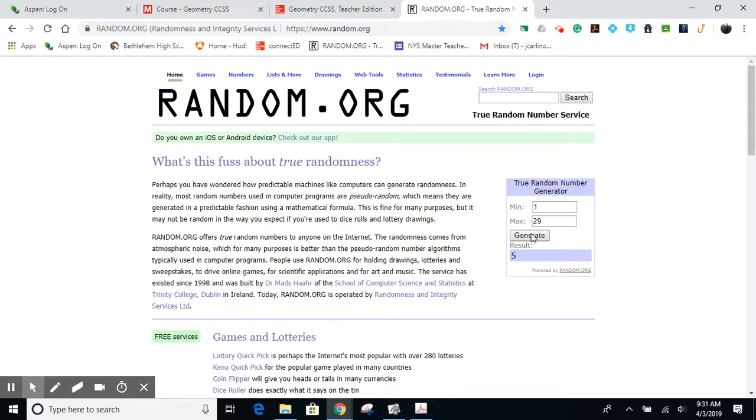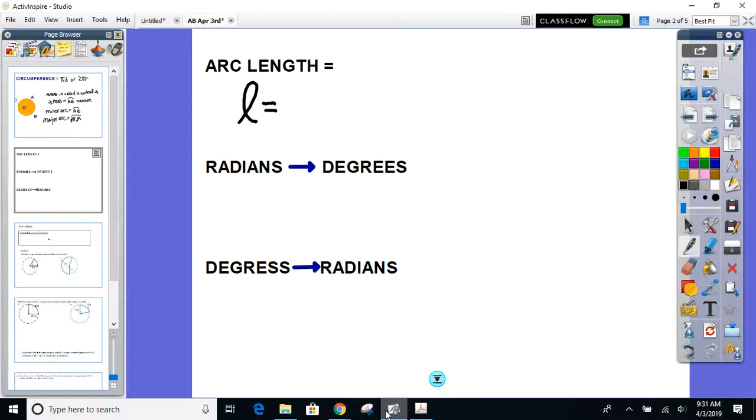Arc length from a couple days ago: measure over 360 times circumference. Boom. Okay, we all good there? Because I'm going to use that one again today.